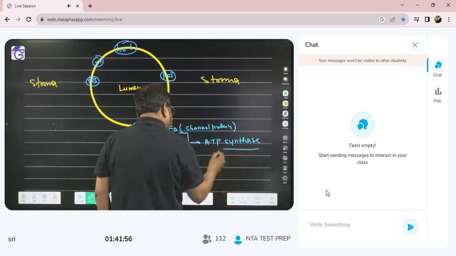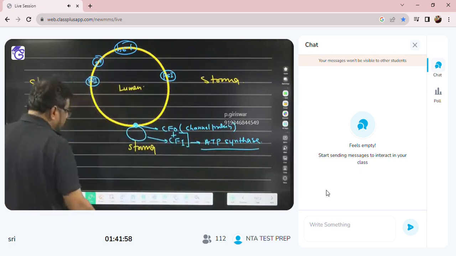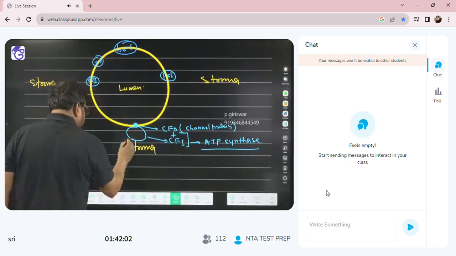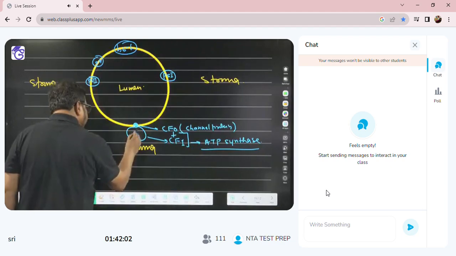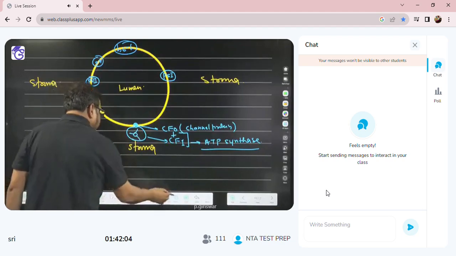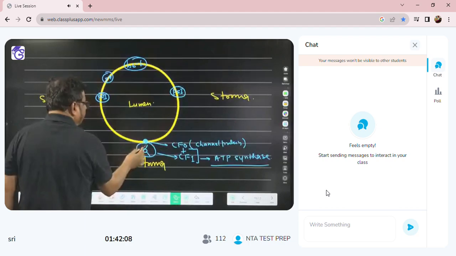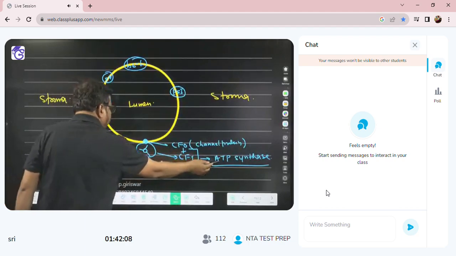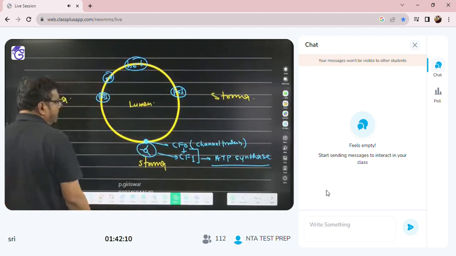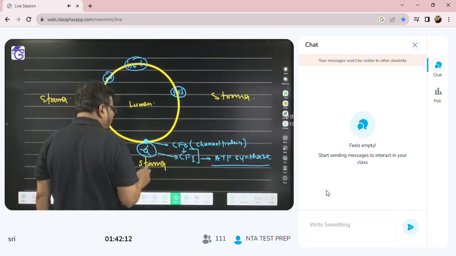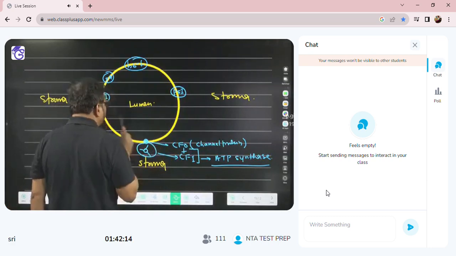Got the idea? CF0 and CF1 together are called the enzyme complex ATP synthase. CF0 is present in the thylakoid membrane, CF1 protrudes in stroma.